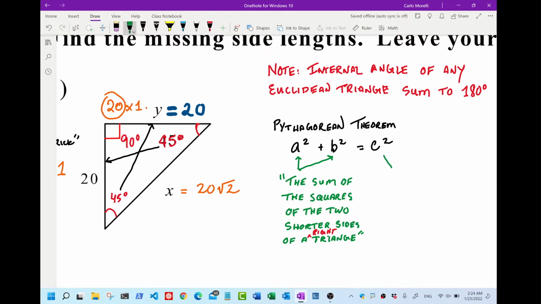Okay, you could think of this as the square of the longest side. And we have a special name for that side, and that is the hypotenuse.